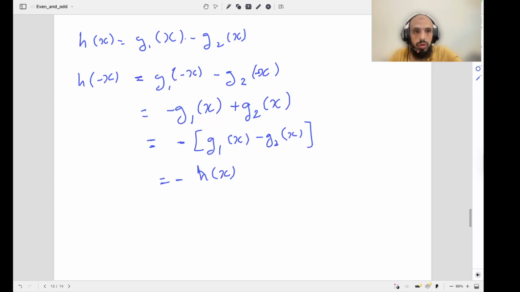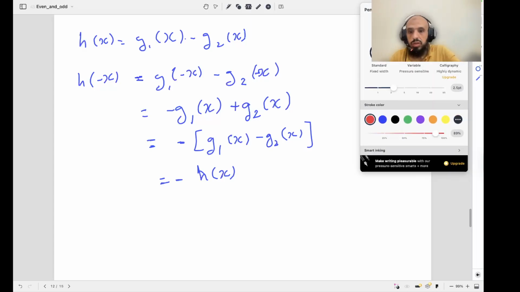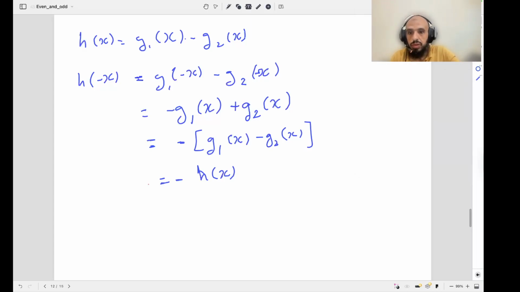So what we got here is the negative of this one, so this is an odd function.